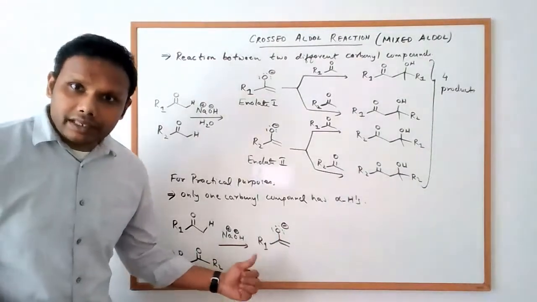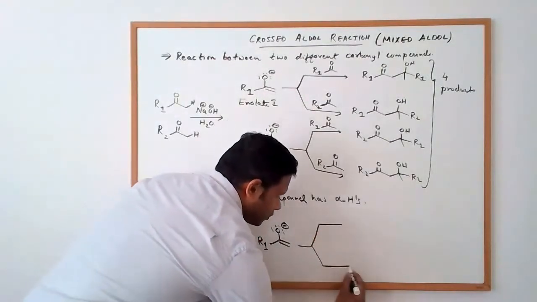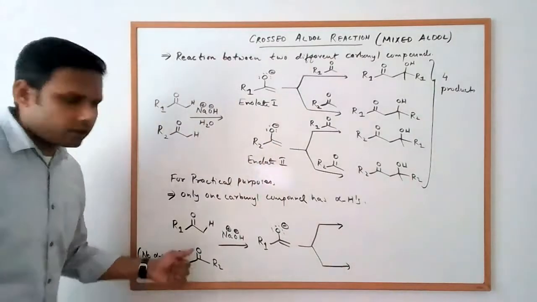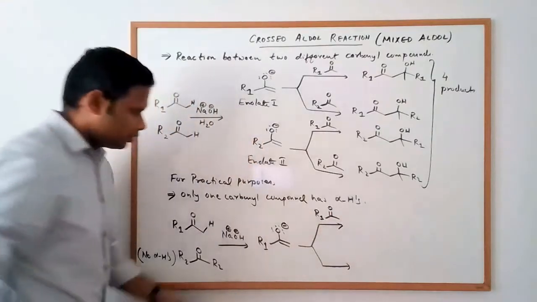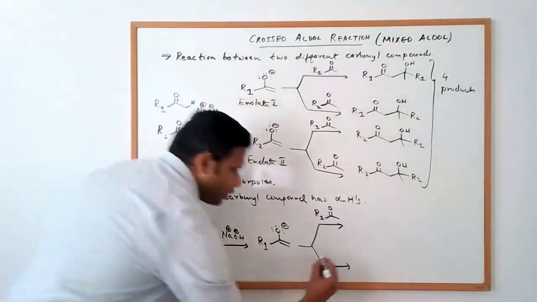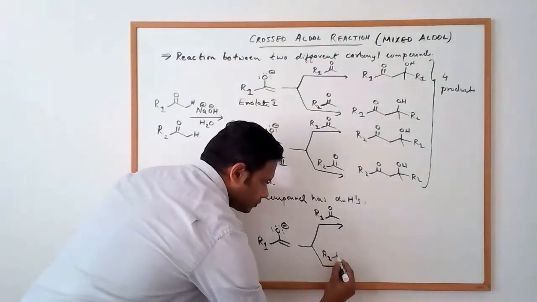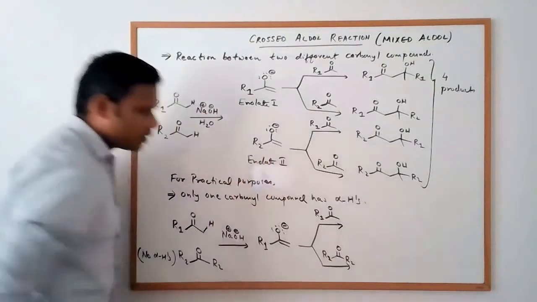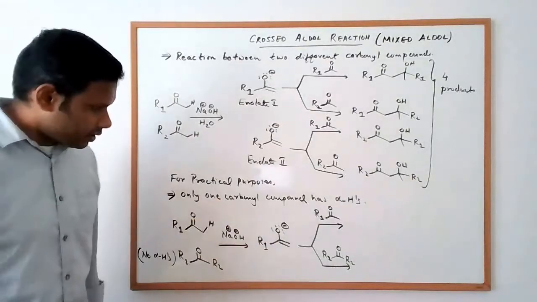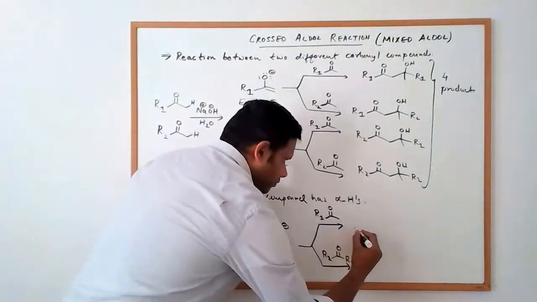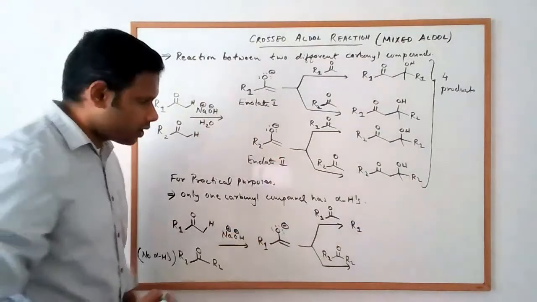But once this enolate is formed under these conditions, it can react with both carbonyl compounds that are present. The enolate can react with the first carbonyl compound, or it can react with the second carbonyl compound, and we will get 2 beta hydroxy carbonyl products.